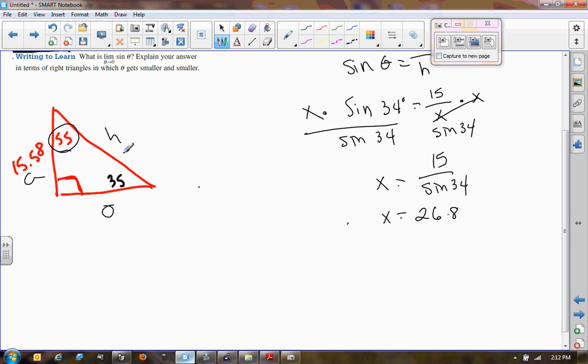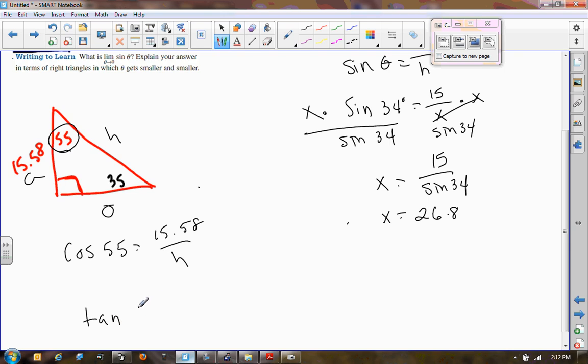So let's find H first, hypotenuse. CAH, cosine of 55 is A over H. Solve for H. Again, we do the flip-flop. Let's find O. Let's try tangent.